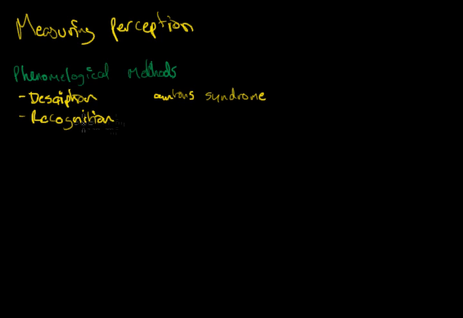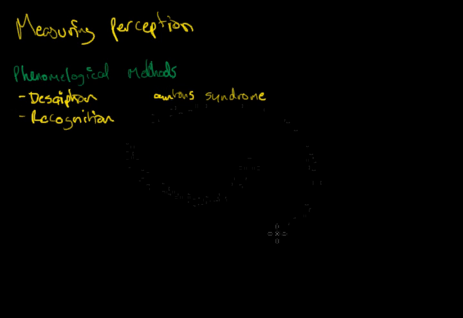We can use this kind of test to perhaps diagnose something like prosopagnosia, where a person cannot recognize faces. If we show them pictures of faces and they fail to recognize them, then a recognition task has elucidated something about their perception, and allowed us to gain some insight into that person's perception.